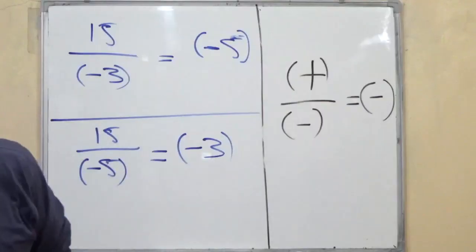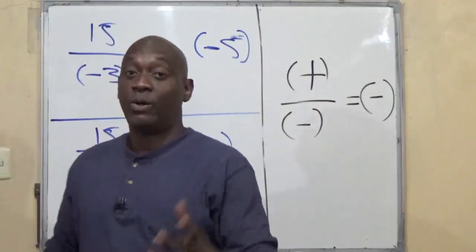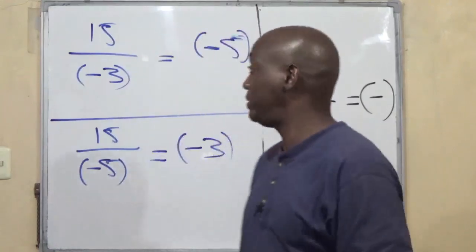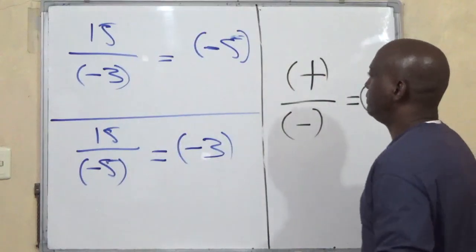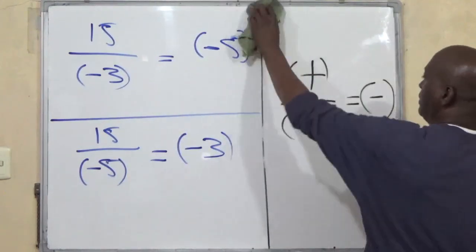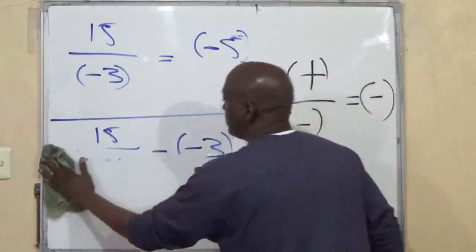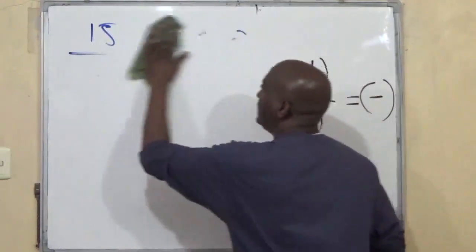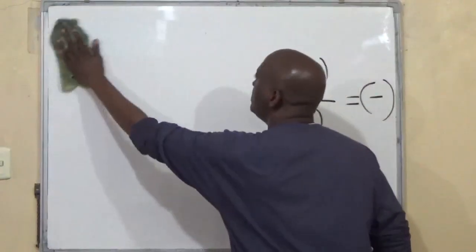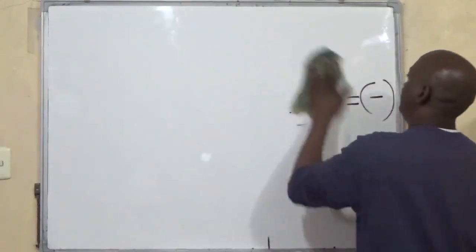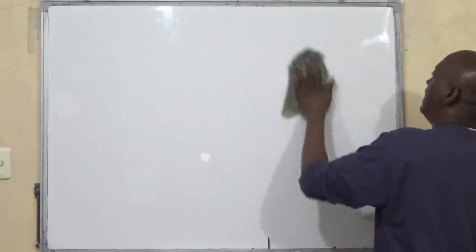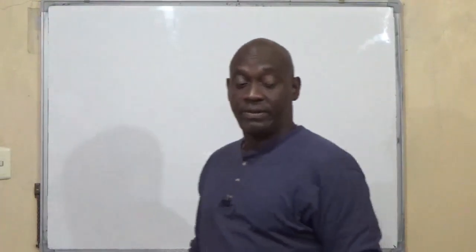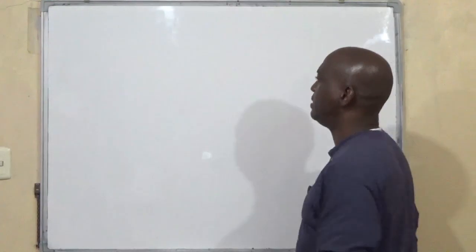So in other words, we can sum up all the rules on division as follows. We illustrate, now we just write it down. The general rules for division are as follows. We start off as we did in the case of multiplication.